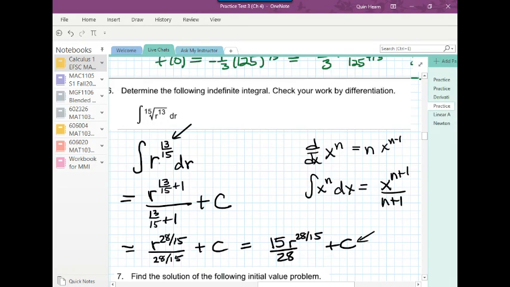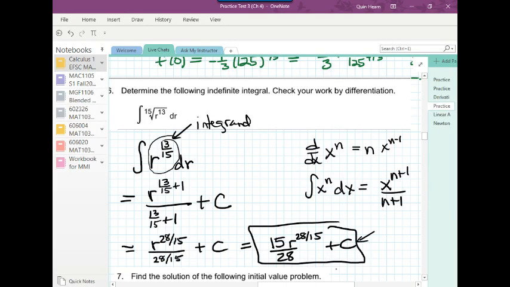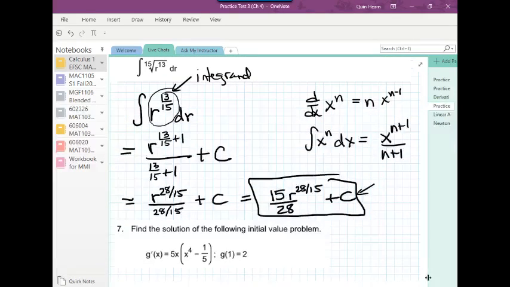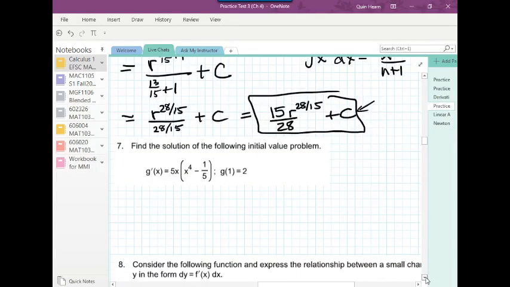Okay, now it says check your work by differentiation, because integration and differentiation reverse each other. So we're going to take this function here. So if f of r is equal to 15r to the 28/15 over 28 plus c, we're going to find its derivative.